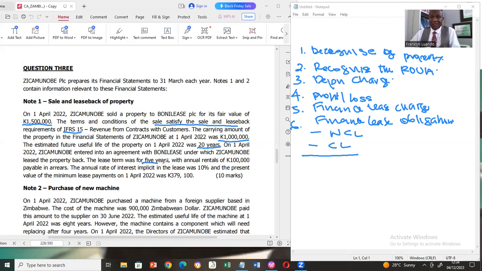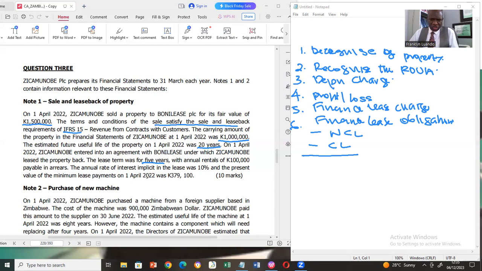We did discuss that the depreciation charge is based on the shorter period of the economic useful life and the lease term. In this case, the shorter period is 5 years, unless the property will be transferred, then we'll use the economic useful life of the asset.